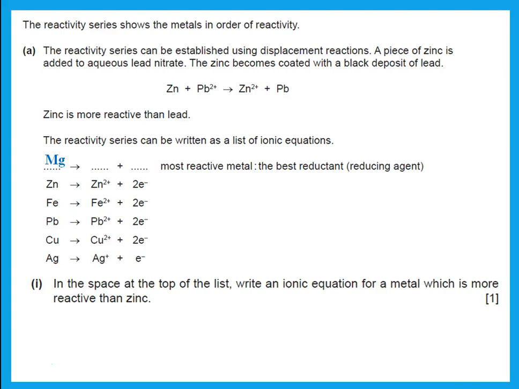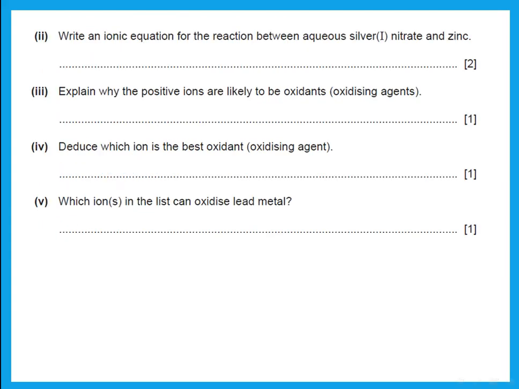Now magnesium, if we react it, it gives 2 electrons and becomes magnesium 2+. Okay, if you choose something from group 1, then it will be only 1 positive and 1 electron. Write an ionic equation for the reaction between silver nitrate and zinc.